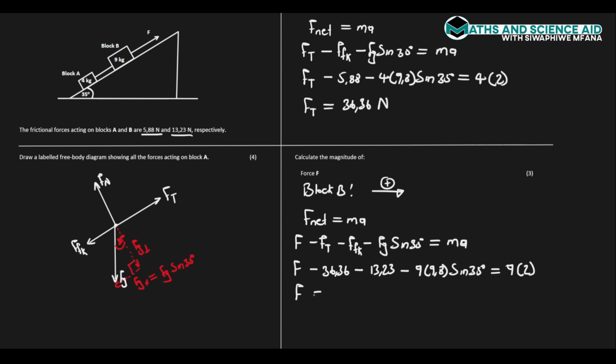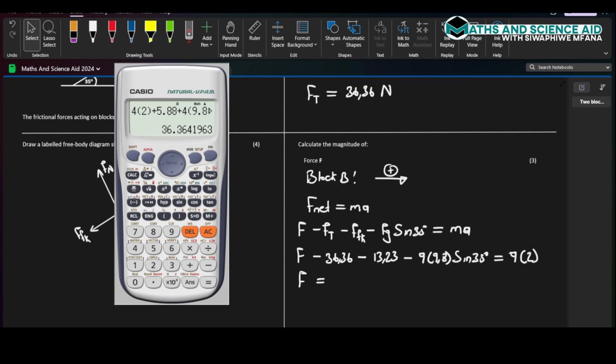Now, what is left for us to do is to use our calculators once again. So let us take out our calculator. So on the right hand side, we have 9 multiplied by 2, and we need to add 36.36 and also add 13.23, and finally add 9 multiplied by 9.8 multiplied by sine of 35 degrees, and this gives us 118.18 newtons.